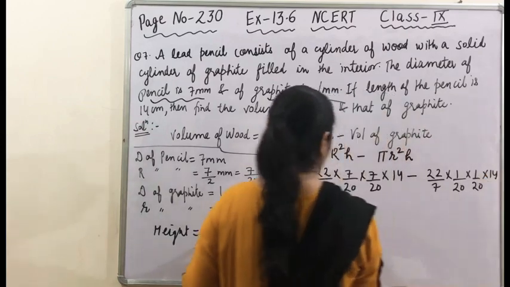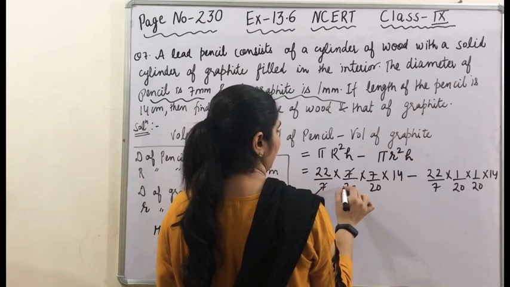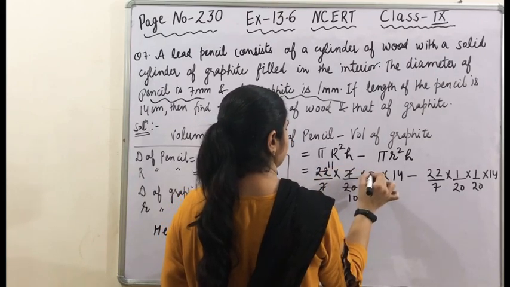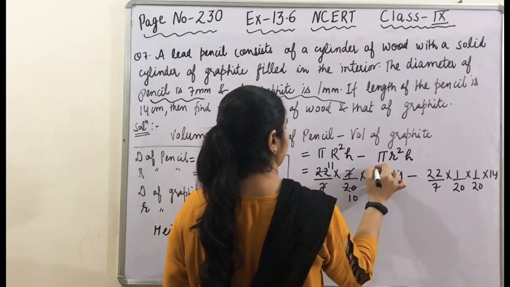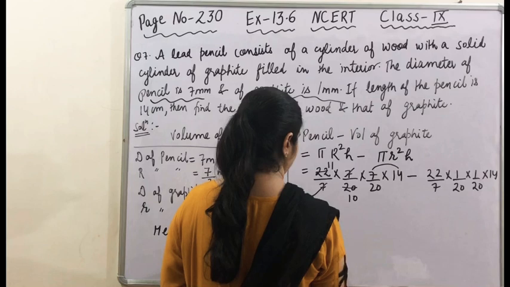Now we'll do the calculation work. This 7 and 7 cancel. 14 7s are 98, 98 into 11.